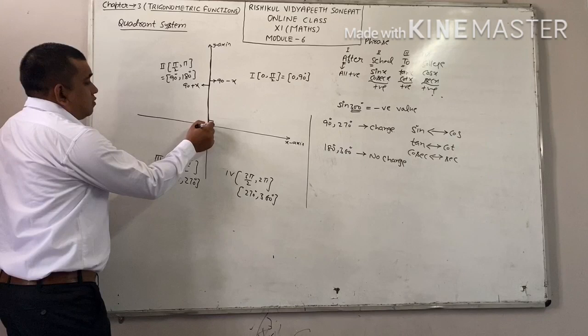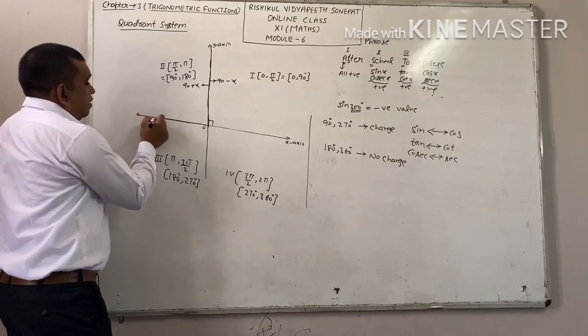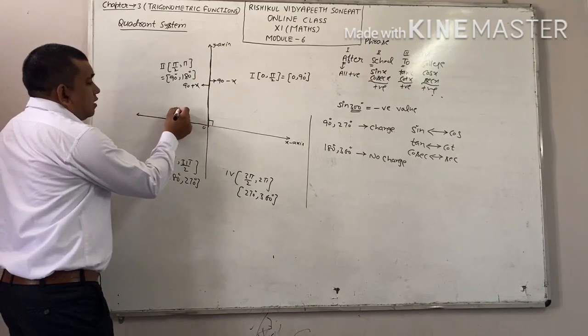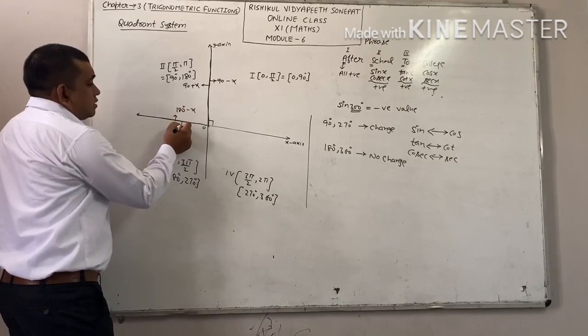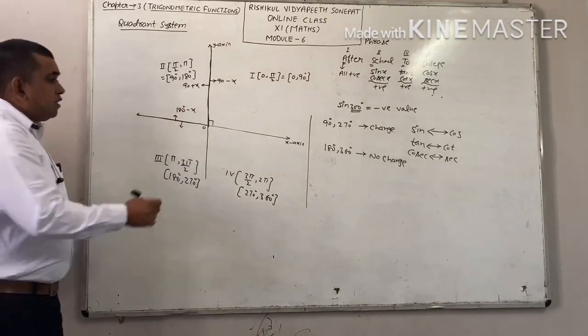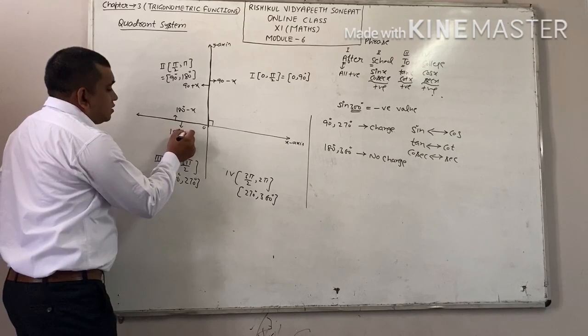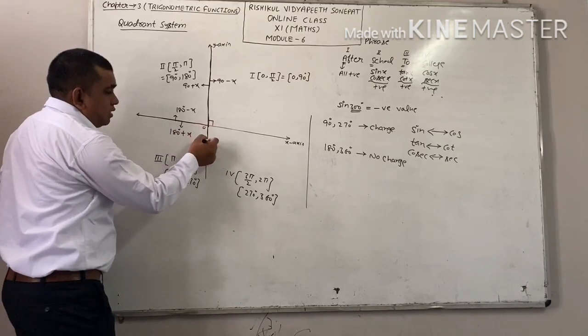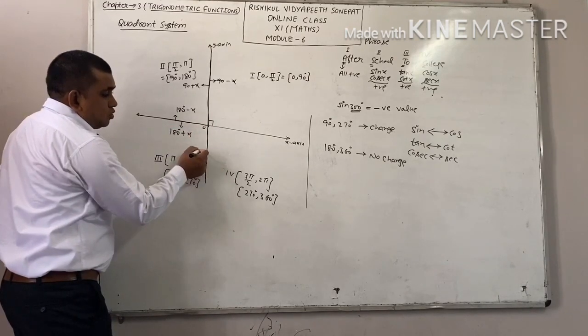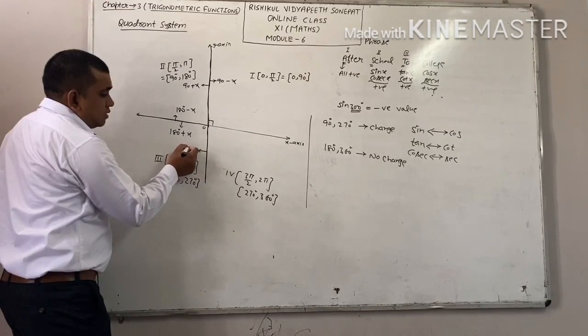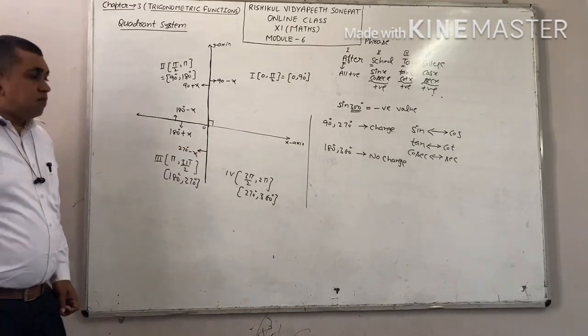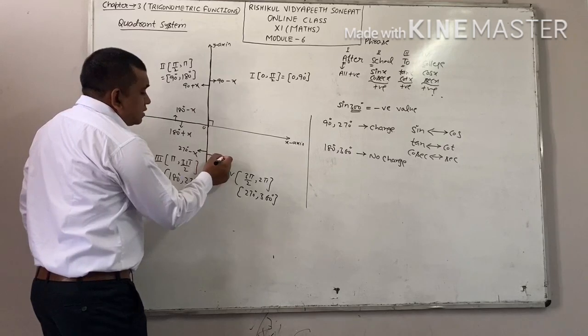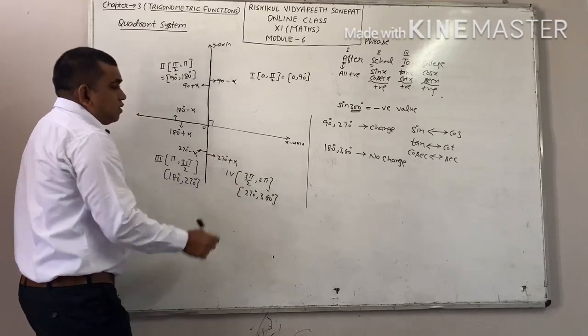This line is for 180 degree. 180 degree minus x. This is your second quadrant. 180 plus x. This is your third quadrant. This is for 270. 270 minus x. This is your third quadrant, and 270 plus x. This is your fourth quadrant.